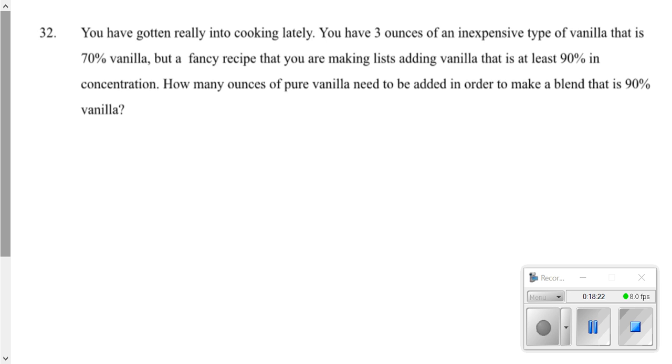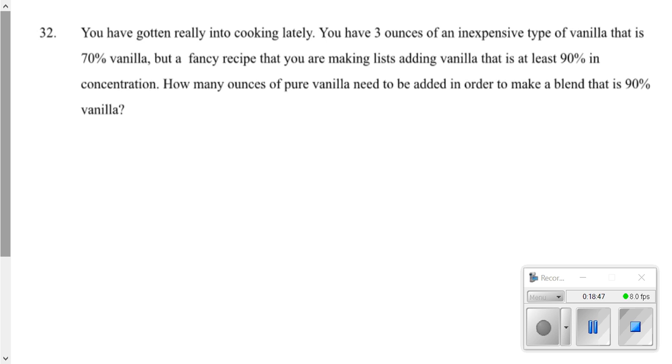So let's say in your cupboard, you have 3 ounces of an inexpensive type of vanilla. You know, it's like the grocery store brand, and it's kind of like diluted, okay? So you have this inexpensive kind of vanilla. It's only 70% vanilla, 30% filler. But this fancy recipe you're making, very fancy, says that you need to have vanilla that's at least 90% in concentration. Oh my.